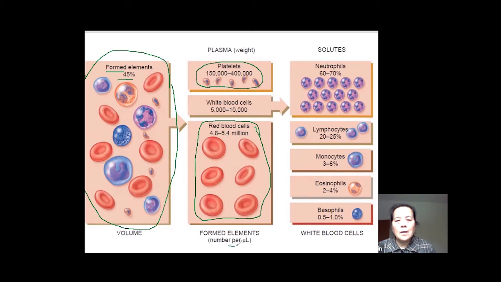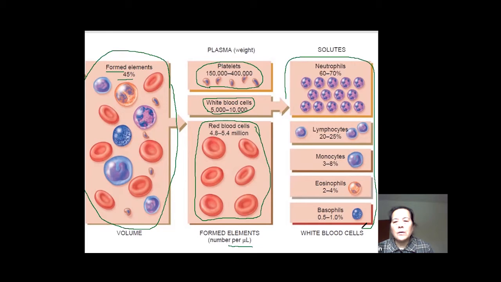So that's the unit, the same unit. And then white blood cell, the smallest number there. But even though it is the smallest number, they still have different forms.